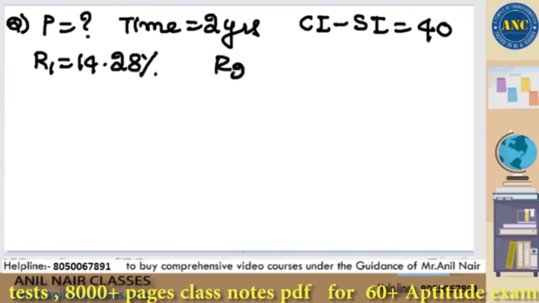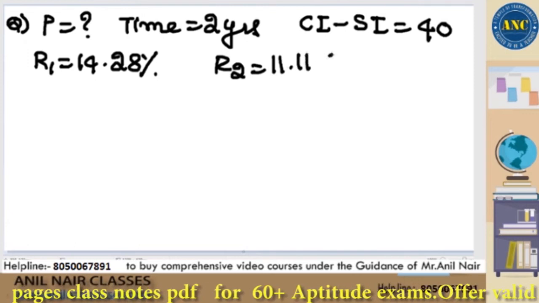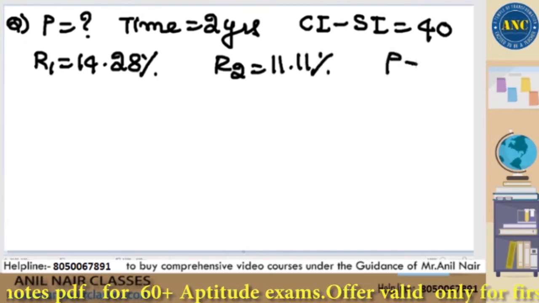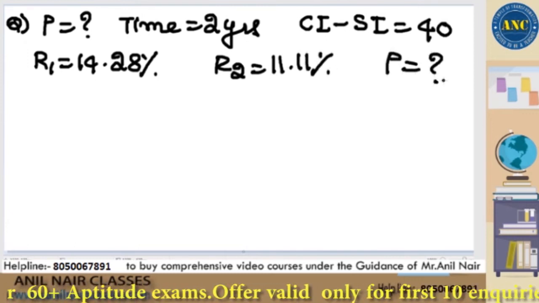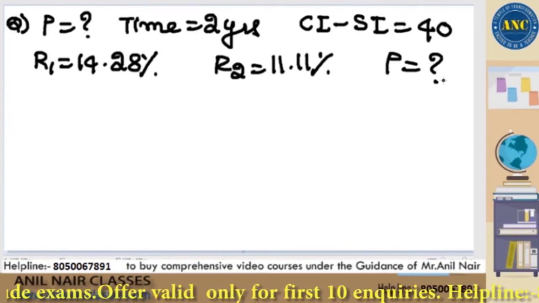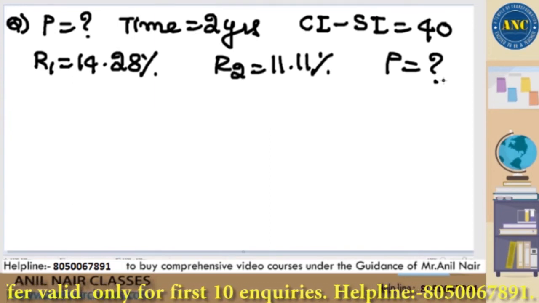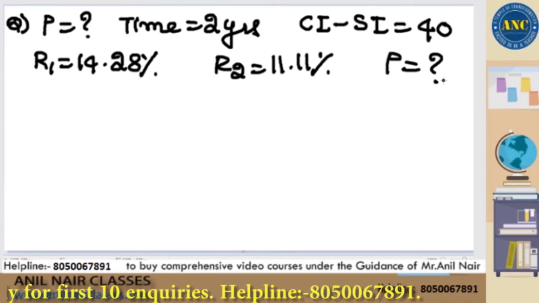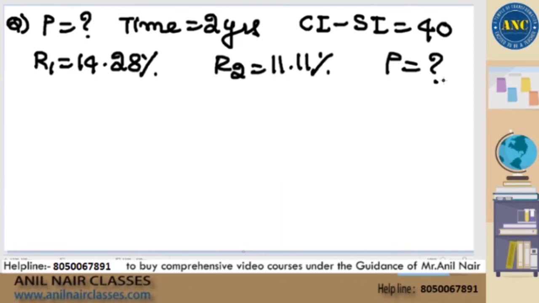R2 is 11.11%. Please write down that statement in your notes: what if the rates of interest are different? Same logic. 5 seconds it will take.